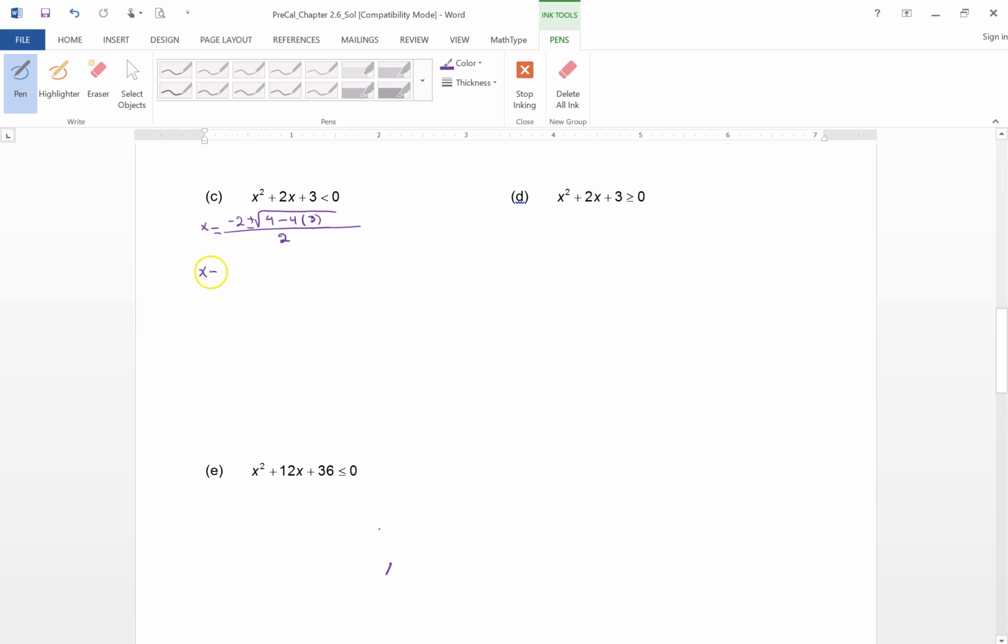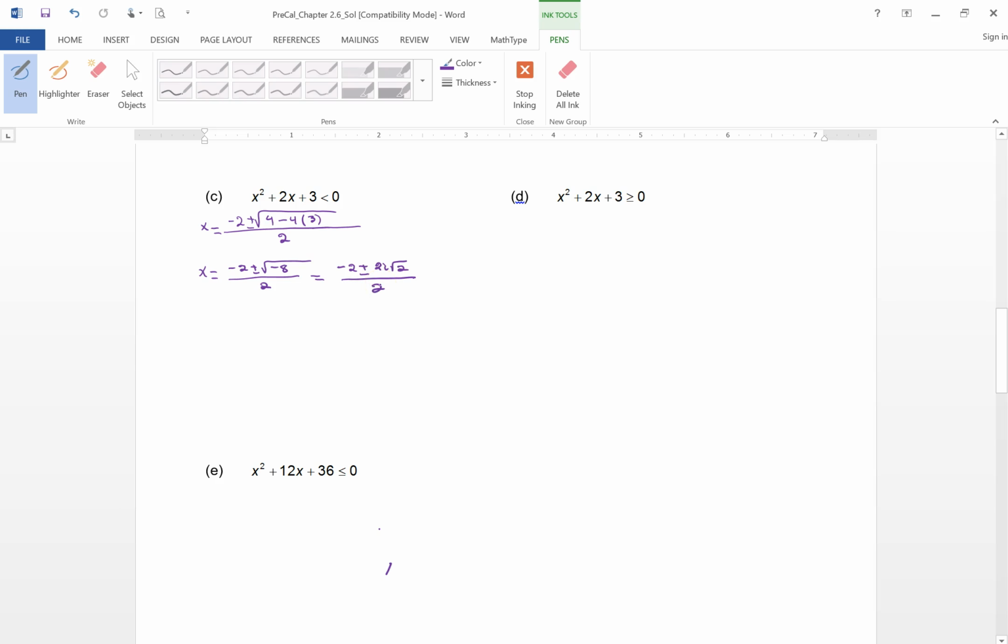So x is equal to -2 plus or minus the square root of 4 minus 12 is -8 over 2, -2 plus or minus 8 is 2 root 2. And because there is a negative inside, you have an i, so it's 2i root 2 over 2.